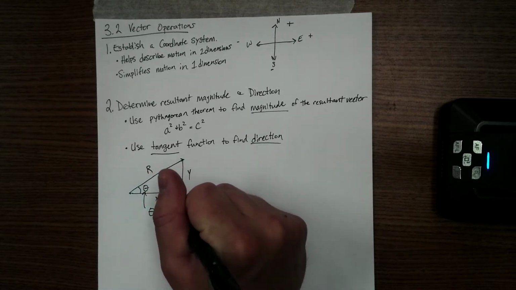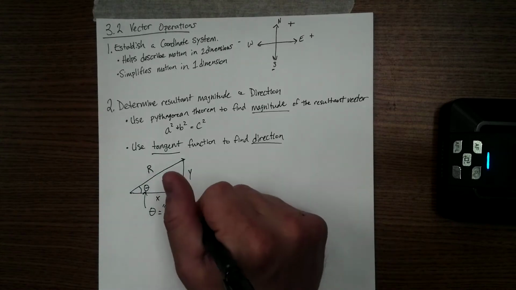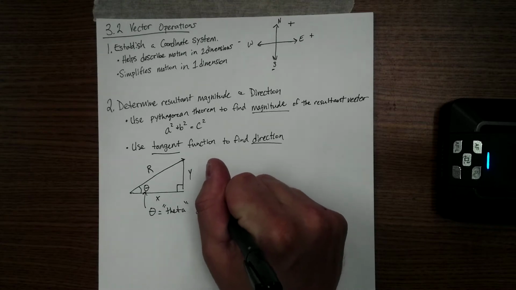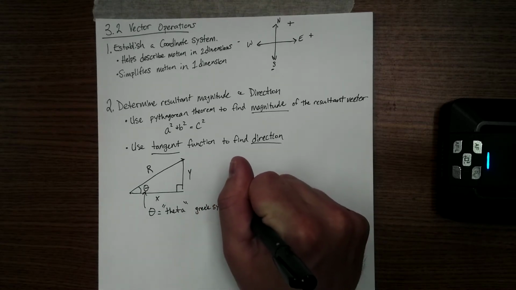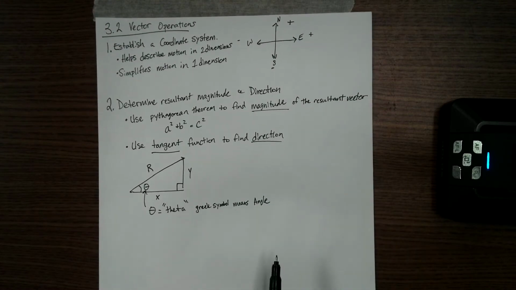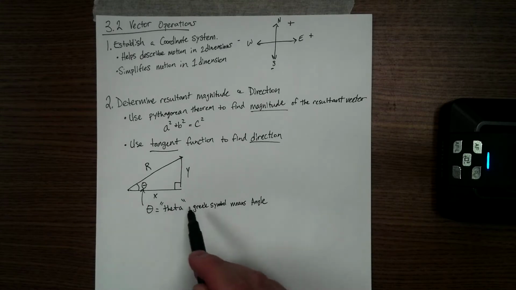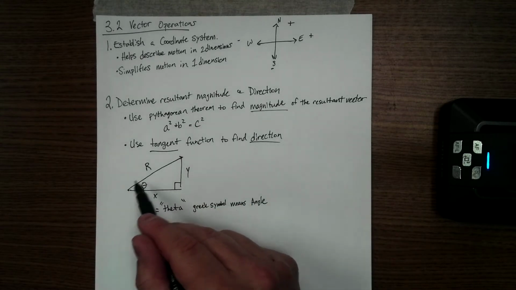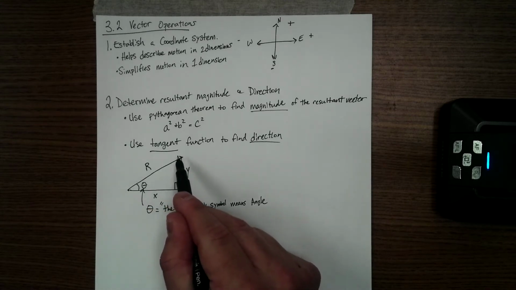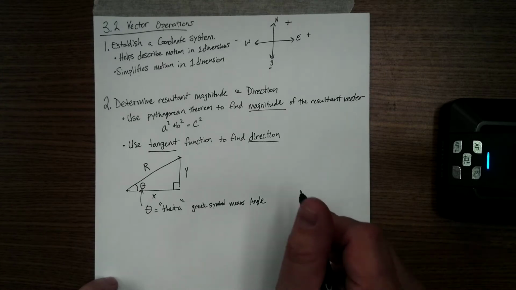Theta. All right? That is the Greek symbol. It means the angle. Okay, so that angle right there is your theta, where x is the direction in your x, y is up and down, and your resultant is the displacement between the two from down here to where you started to where you finished.